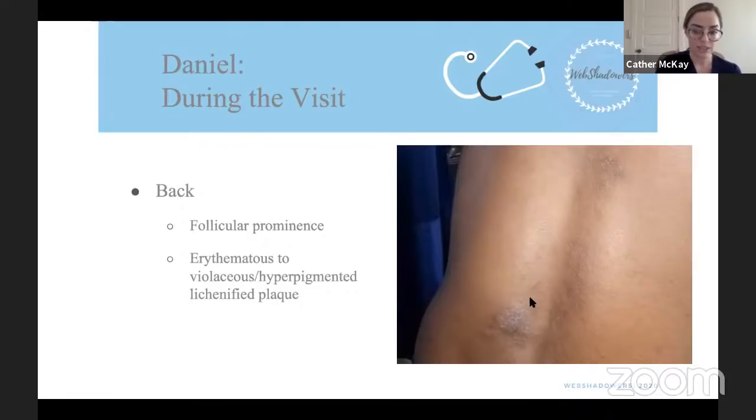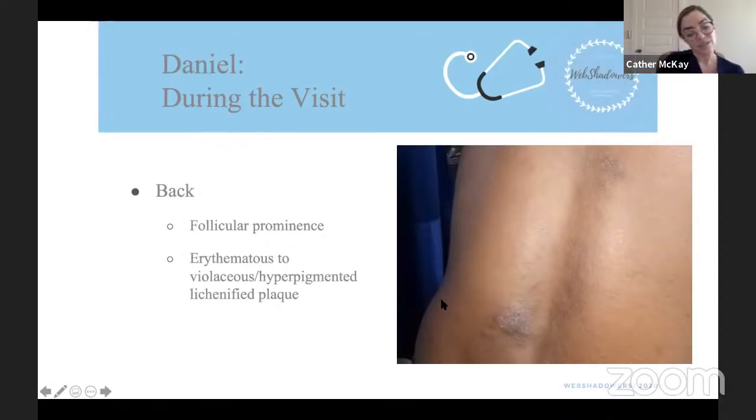And then you also see some erythematous, so you can see some red in here, but also violaceous or hyperpigmented. Violaceous is obviously a purpley hue. Oftentimes on darker skin types, red is not as prominent, but maybe it looks more purple or hyperpigmented. So that's the way you can describe that color.